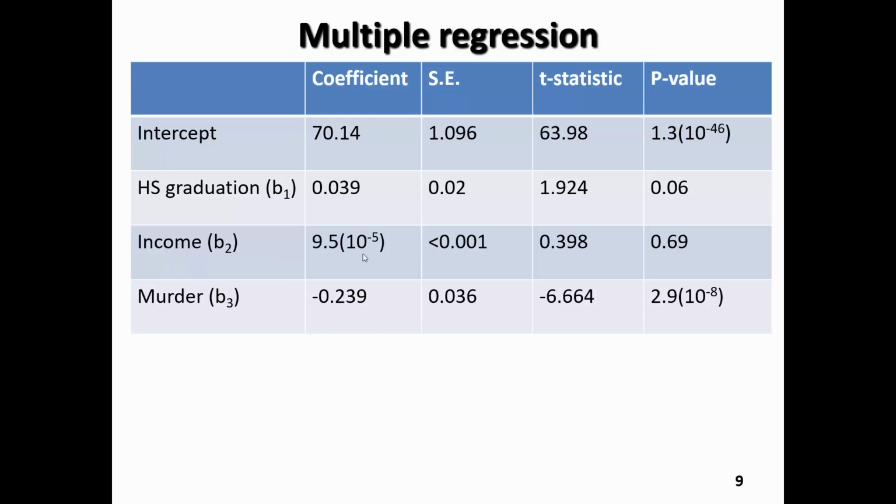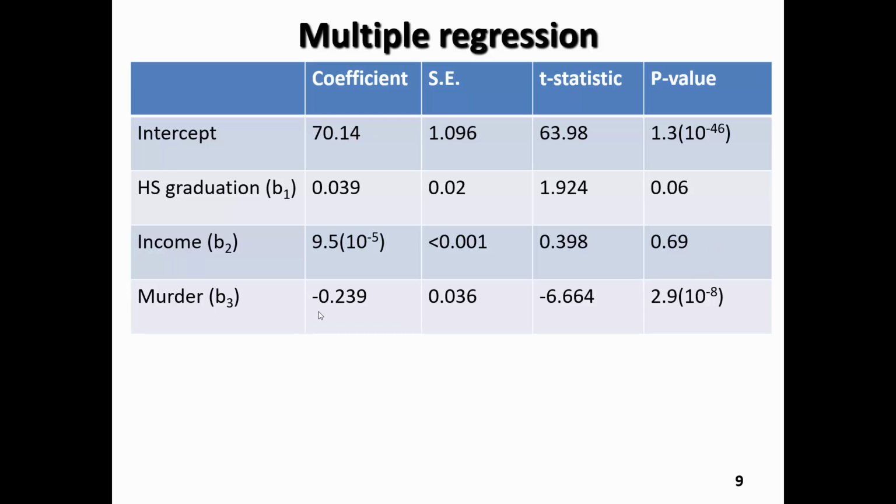Likewise, with income, the coefficient is a very, very small value, 9.5 times 10 to the negative 5. So you would move this decimal leftward 8 spaces, and you can see that the p-value is relatively large. So as a standard, we're always looking for the 0.05.